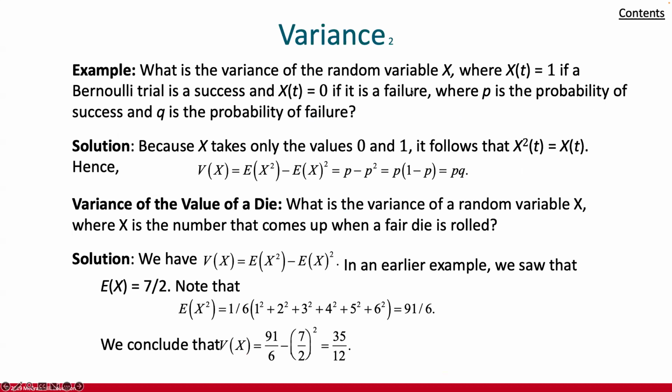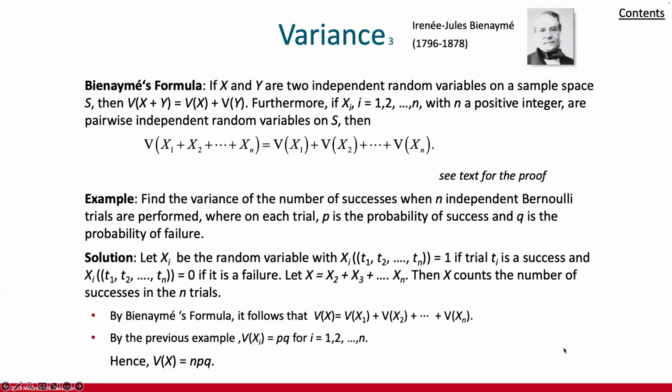What is the variance of the random variable X, where X(t) is equal to 1 if a Bernoulli trial is a success, and X(t) is equal to 0 if it is a failure, when p is the probability of success and q is the probability of failure? That's an example here. You can read through the solution of that as you would like.